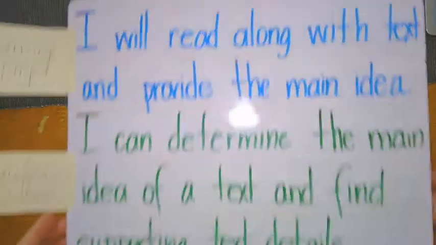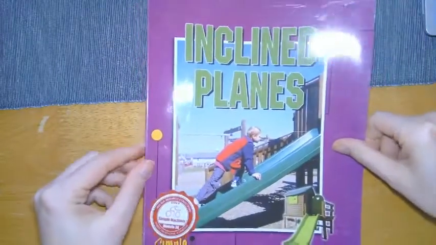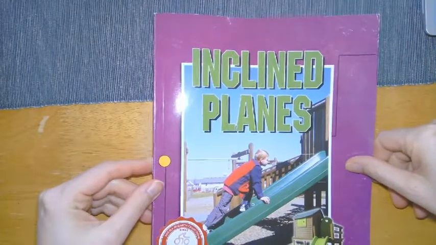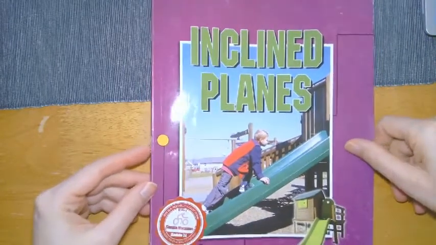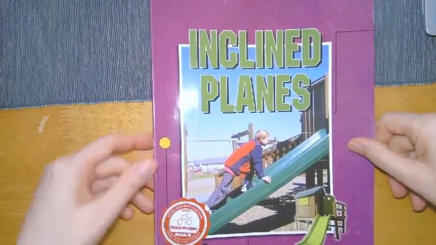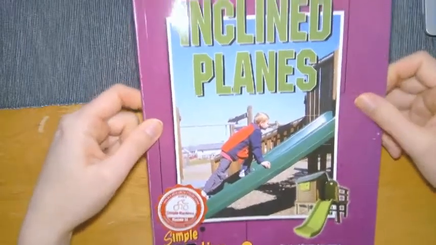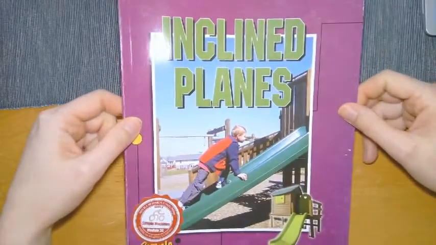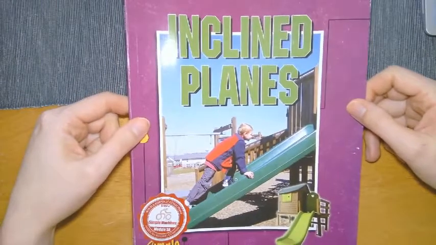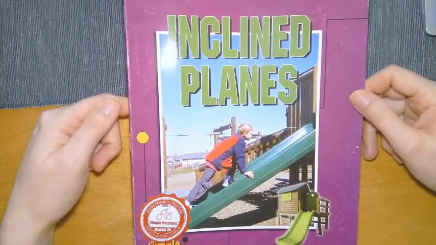Okay. All right. So the book I'm going to read today, it's rather short, but looking kind of familiar. Something we've talked about in great length, Inclined Planes. So just taking a second to think about this book. Does it look like a fiction or nonfiction text? And what kind of leads you to that conclusion? I'll give you a second to think about that.